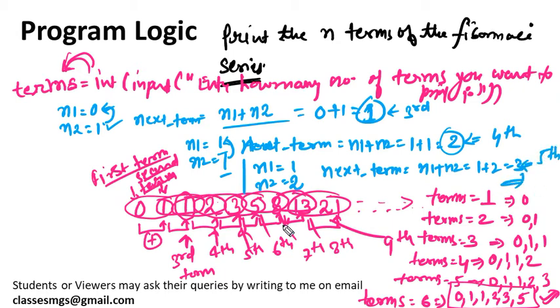So this is how you need to build the logic, because we know the formula to get the next term. We need to add the last two terms to get the next term, and after adding the two terms, we need to assign this next term value to n2 and n2's current value to n1, so that we keep on adding the next terms.